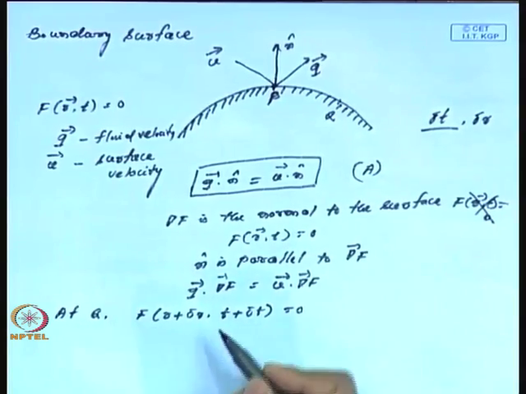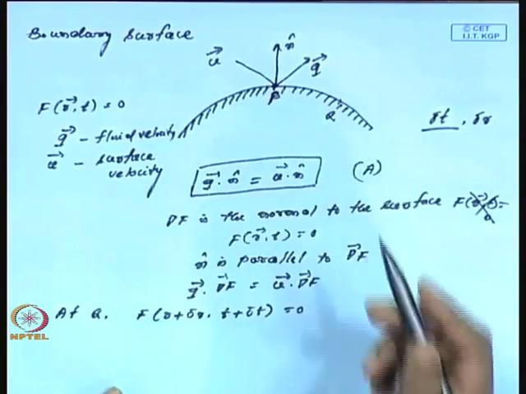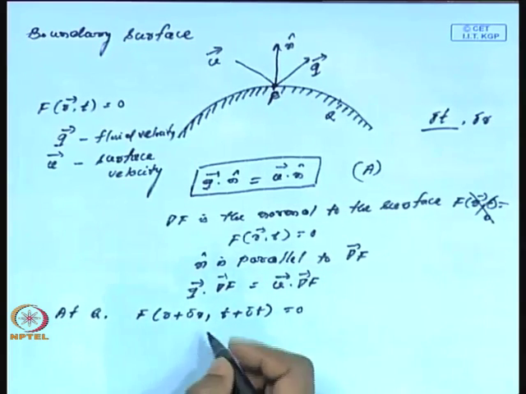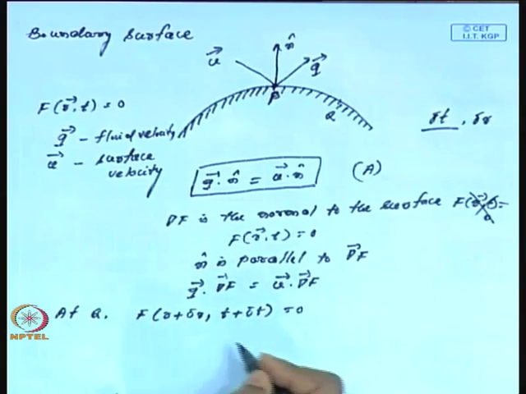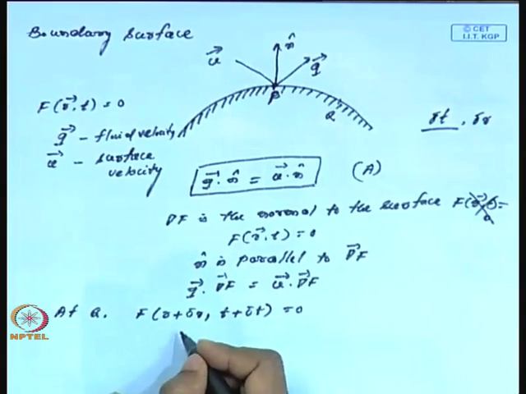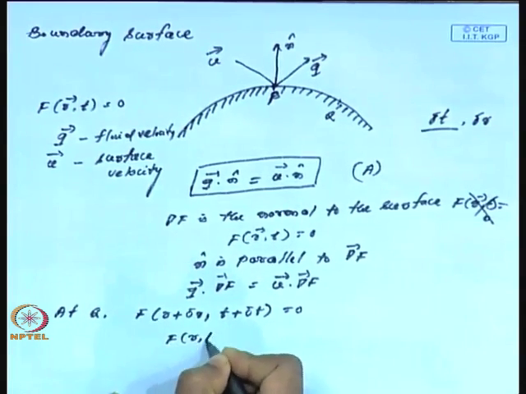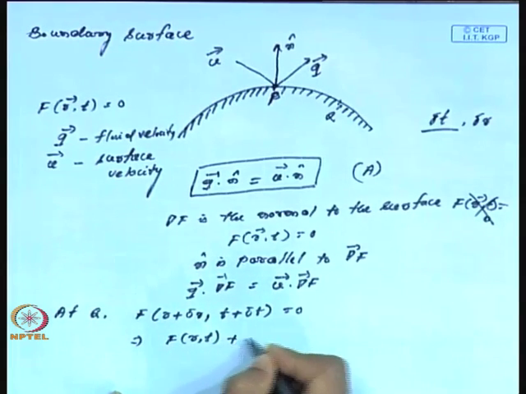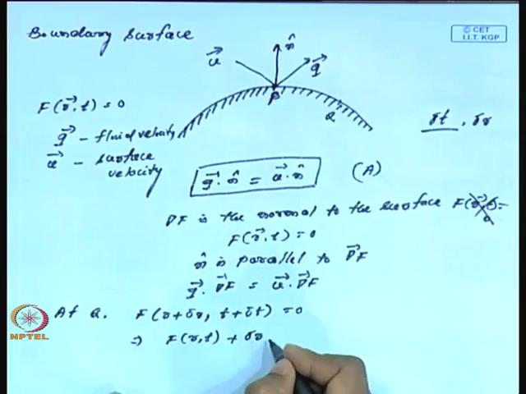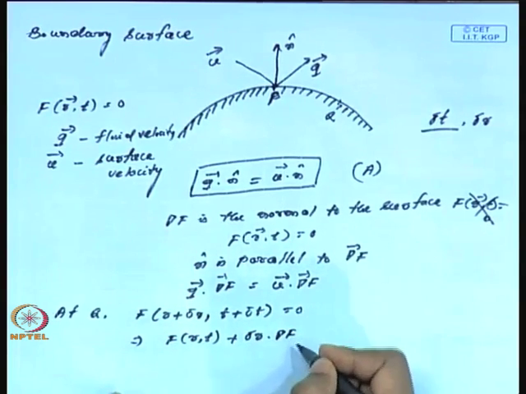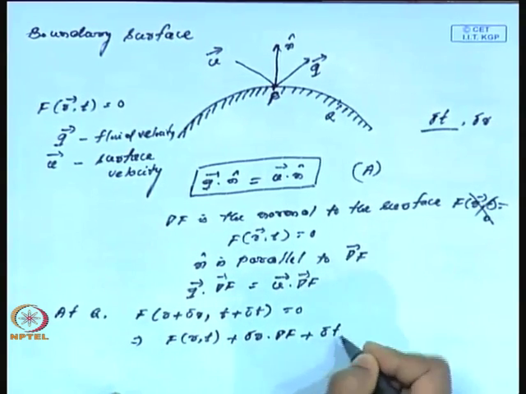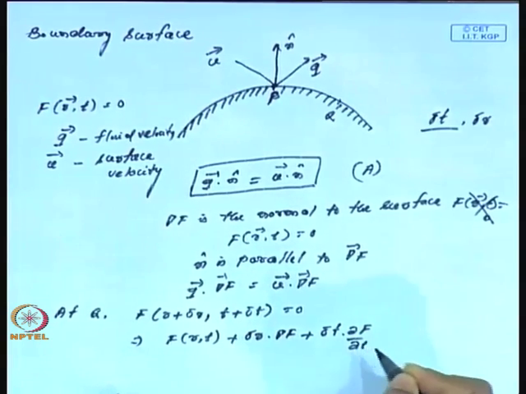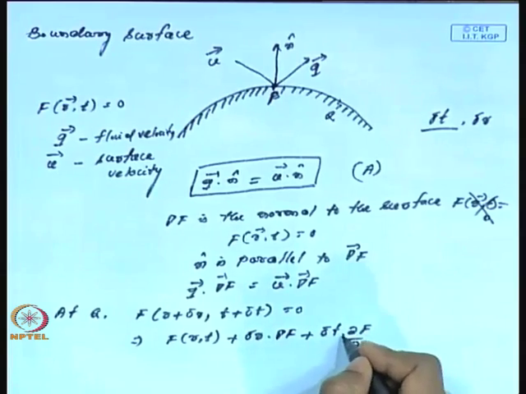So, at q again we have f of r plus del r, comma, t plus del t is 0, because this is the surface. And if that is 0, then this implies f of r, t plus del r dot grad f plus del t into del f by del t is 0.